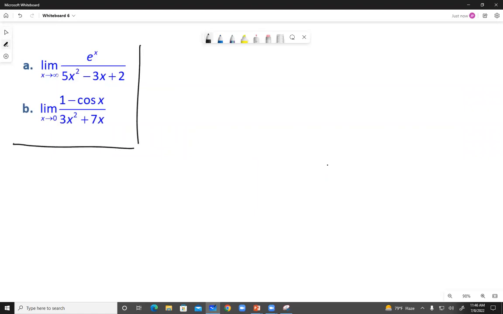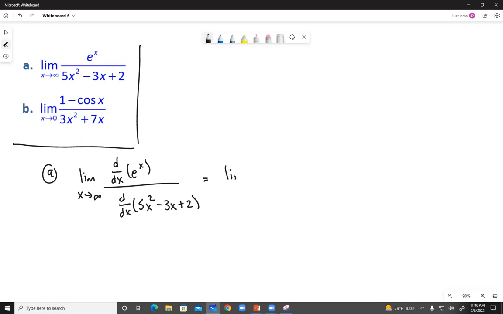So here in our first example, we will apply L'Hopital's rule by differentiating the numerator and the denominator. Both of these derivatives are very straightforward. In the numerator, we know that differentiating e to the x is very simple. It just gives us e to the x back.